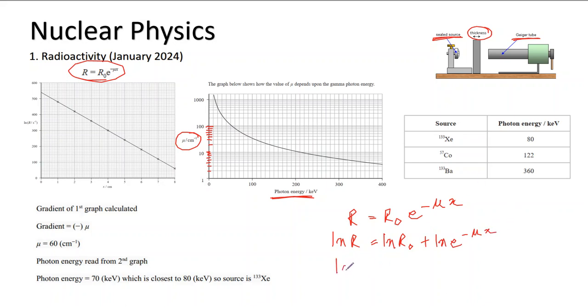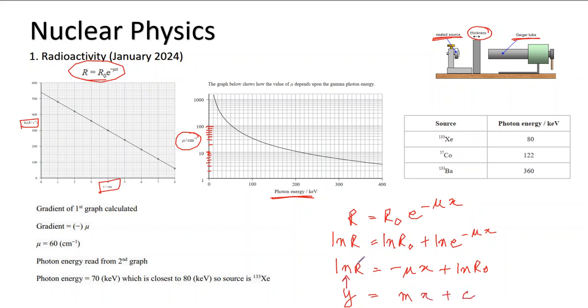So ln R equals, bring this forward, minus mu x plus ln R naught. And look at the axis, this is ln R naught against x. So this is in the form y equals mx plus c.